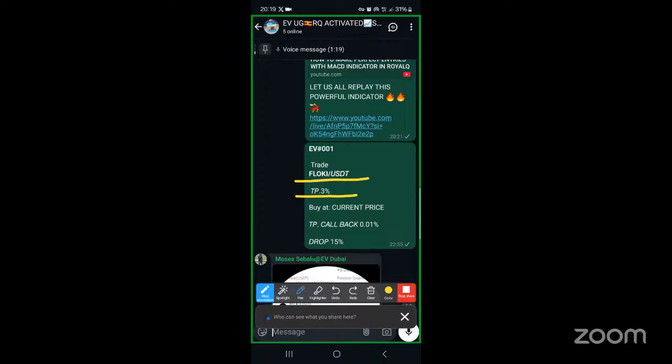Then we have take profit, which is TP. We have the price at which you are supposed to buy, and we have what we call the buy-in callback, and we have the drop. Mainly there are these three things.